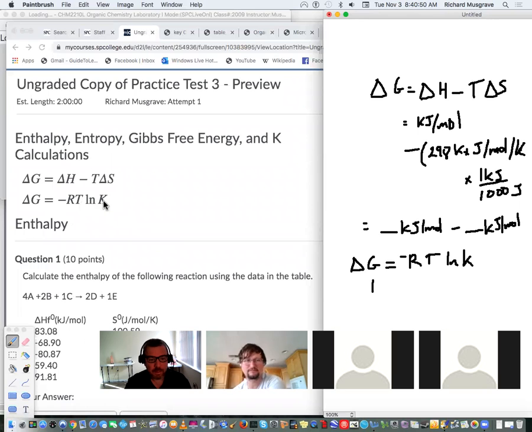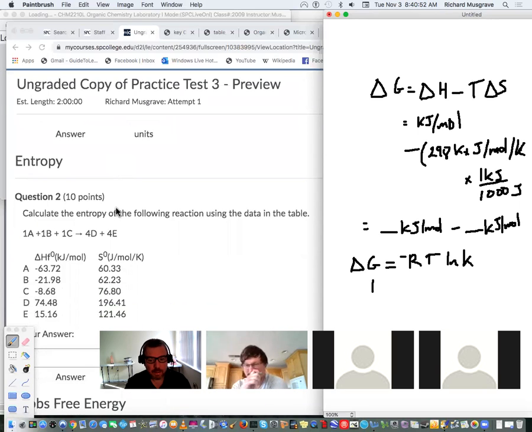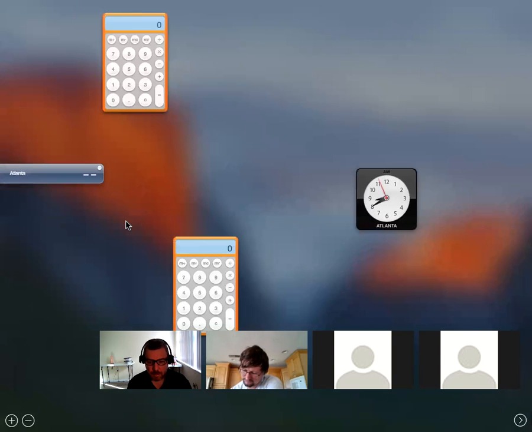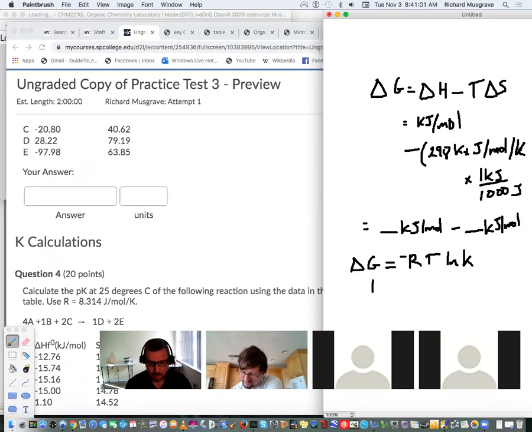See, delta G is negative RT ln of K. If you want to isolate K, you can do this. You can do ln of K is equal to negative delta G over RT. And then K would equal e to the power of negative delta G over RT.